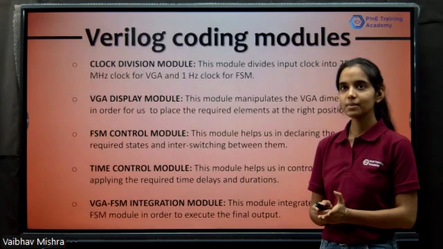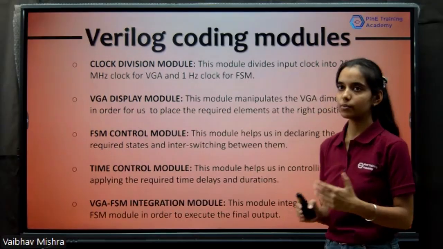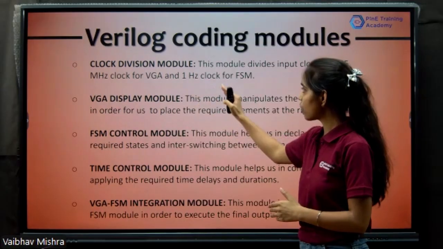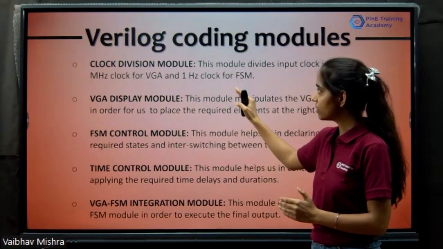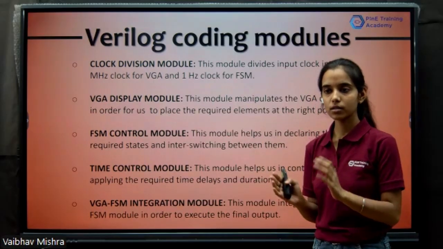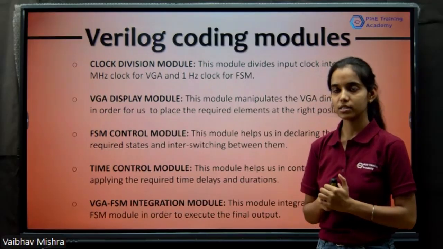Okay, for further explanation, I would like to explain all the Verilog coding modules used in our project. Basically, we use 5 major modules. The first one is the clock division module. This module was used so that we could synchronize the clocks, which can work according to the VGA display and also according to our FSM logic.